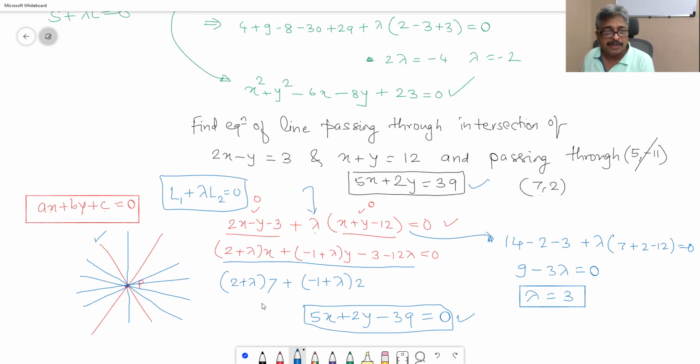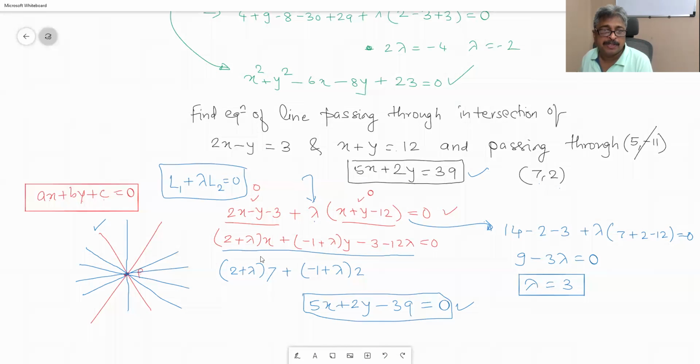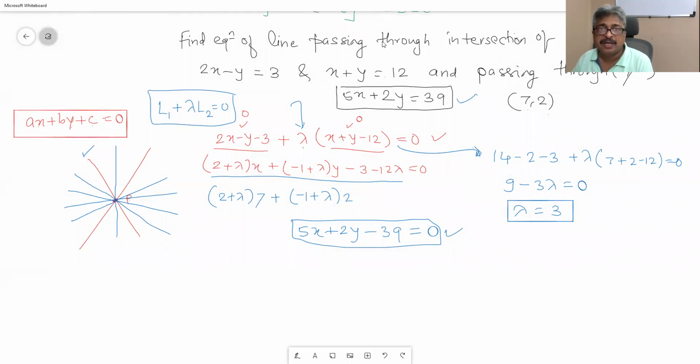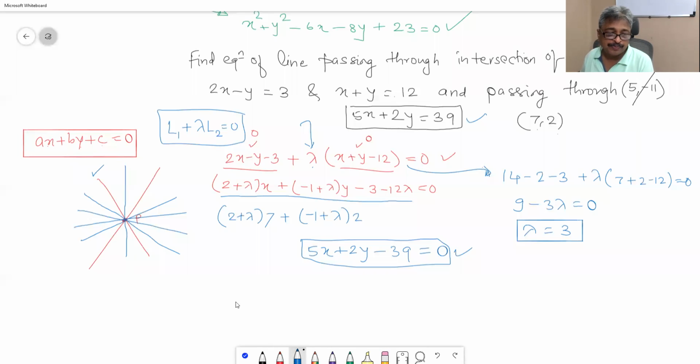I can change the problem and say given two lines same, and the next problem is find the equation of line passing through the intersection of 2x minus y is equal to 3 and x plus y is equal to 12 having slope minus 4 by 3, because you have infinitely many lines here.